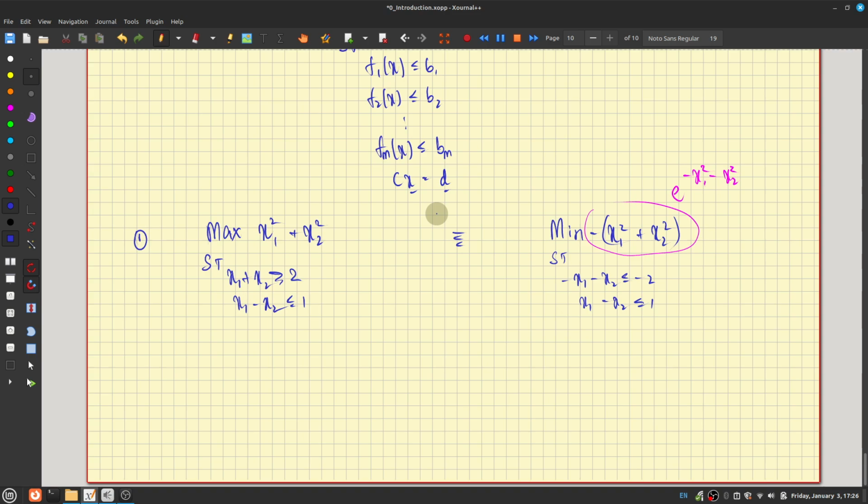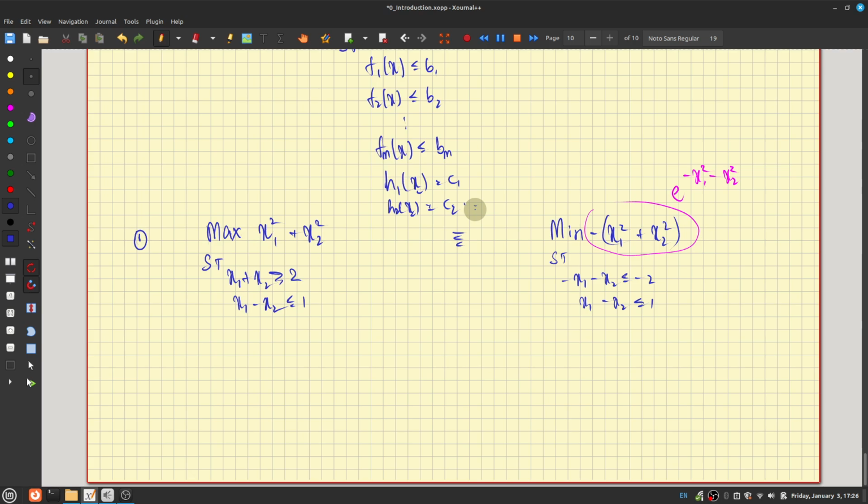All right, so in general, I could also have h1 of x equal to c1, h2 of x equal to c2, and so on.